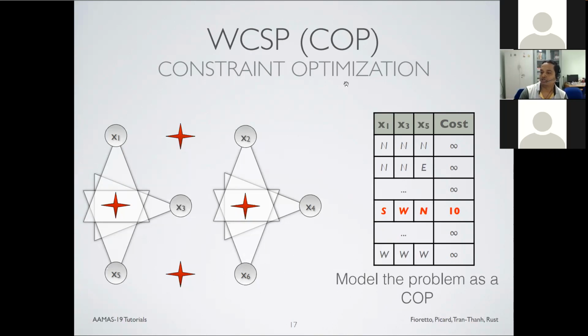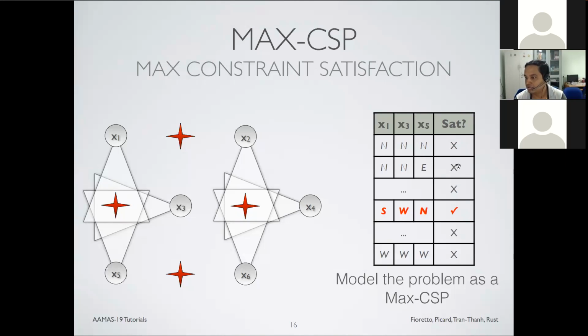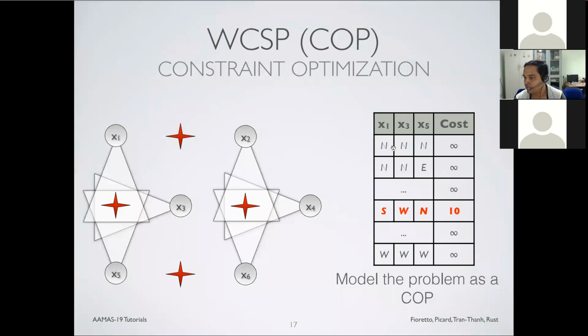So the same problem can be called a constraint optimization when we associate some amount of cost with it. Here we wrote SAT, satisfied, whether this particular assignment is satisfied or not. But for this case, we are associating a cost with this particular assignment.